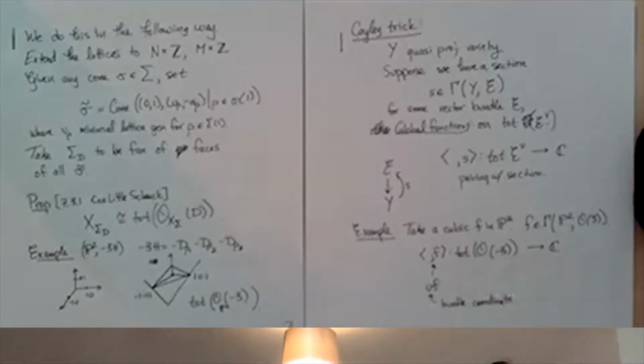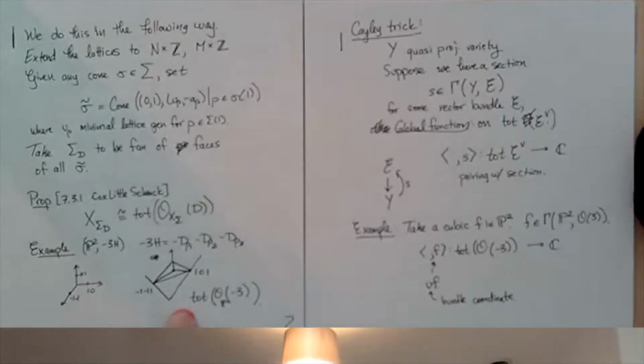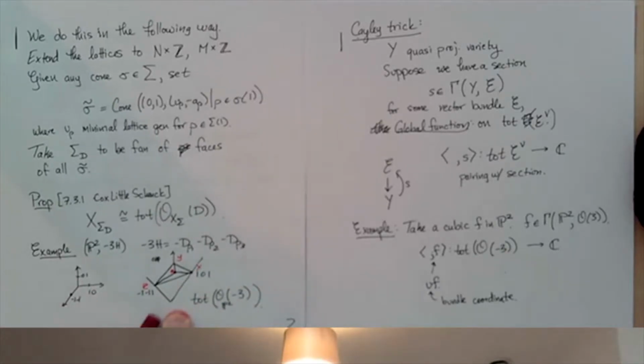Okay. And the way we see that is we can see it on the fan, right? We can think of, this is X and this is Y and this is Z, but then we have this bundle coordinate that's coming from 0, 0, 1, right? And we have that this cone has global functions that are given by looking at the dual cone.